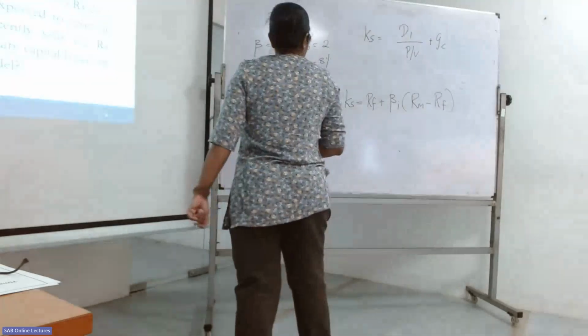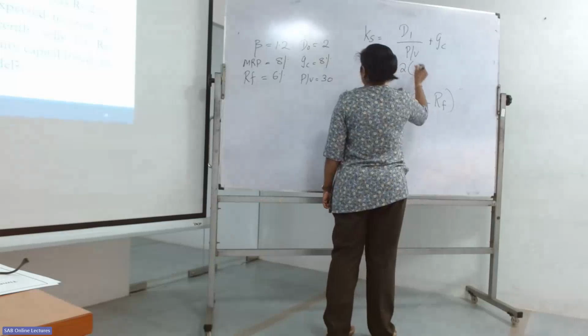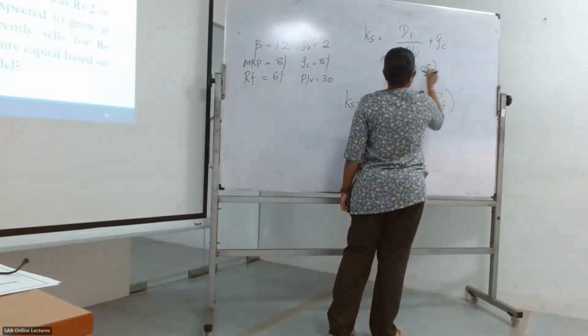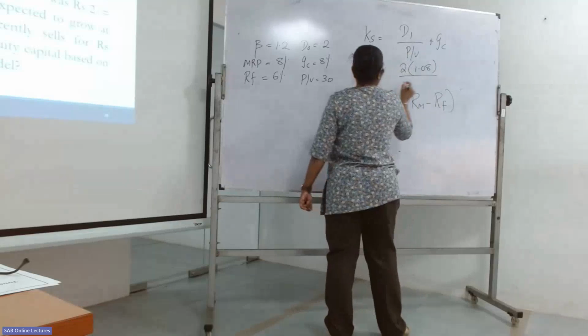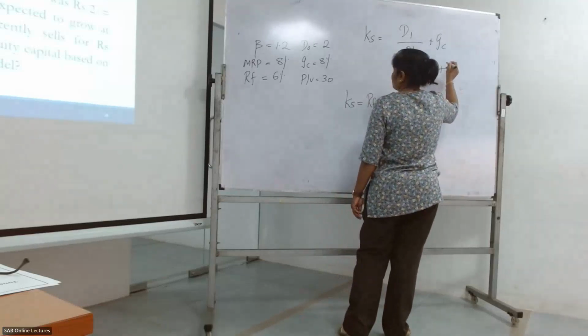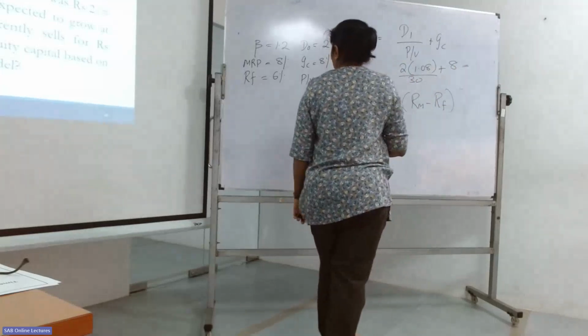So D0 is there, then we can work out D1. D1 should increase by 8% from here. Price 30, growth rate 8. So this is the answer with the dividend growth model.